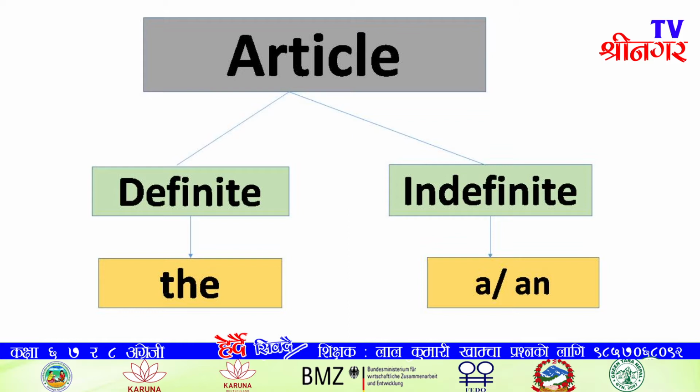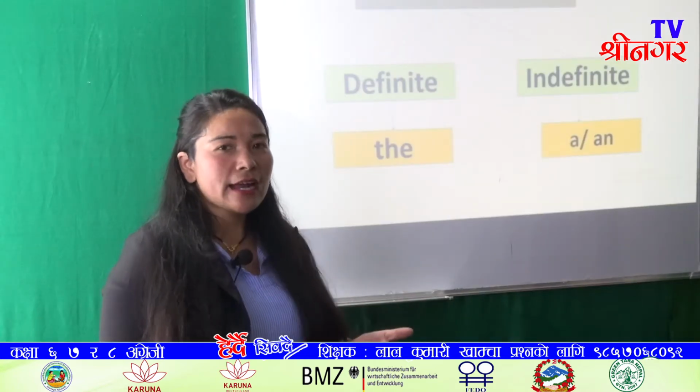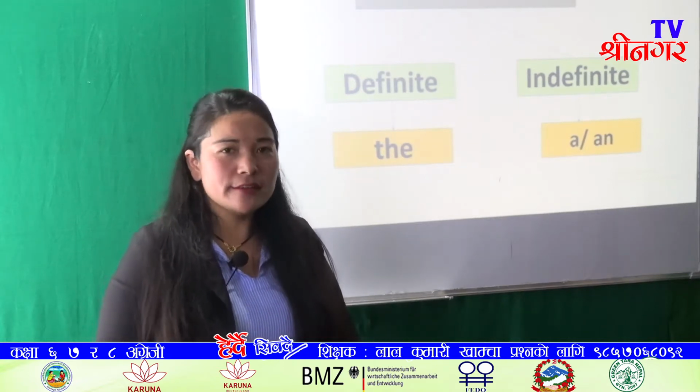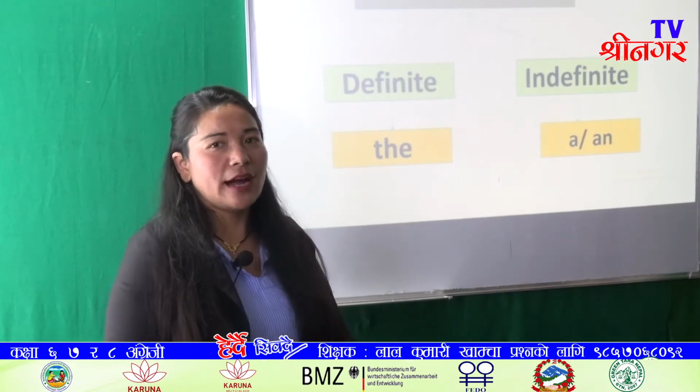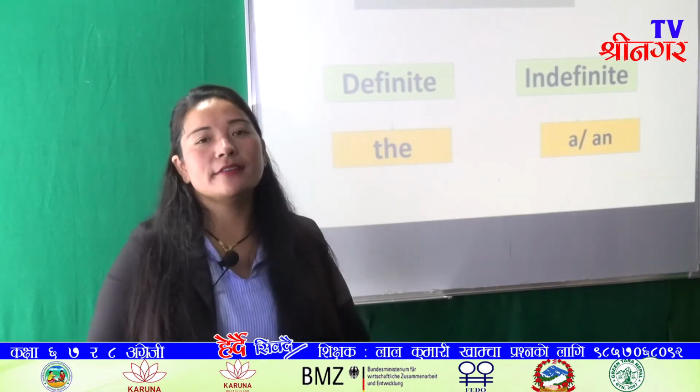We know there are only 3 articles, and these 3 articles are divided into 2 types. The is a definite article, whereas a and an are indefinite articles.